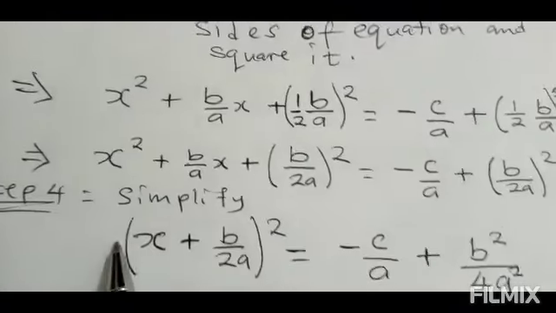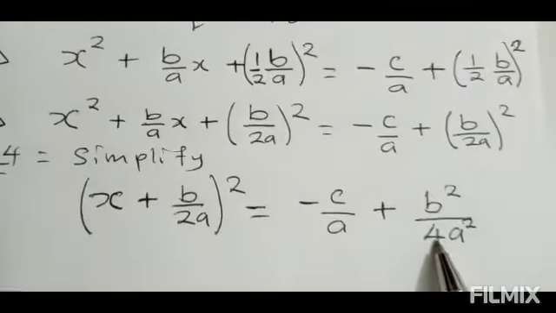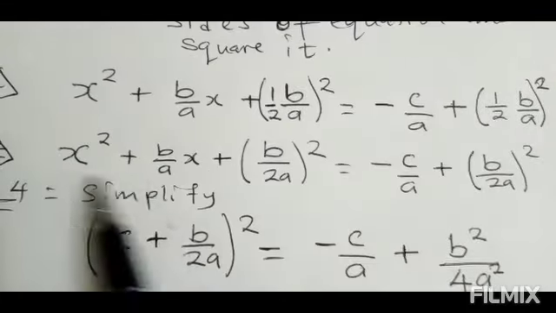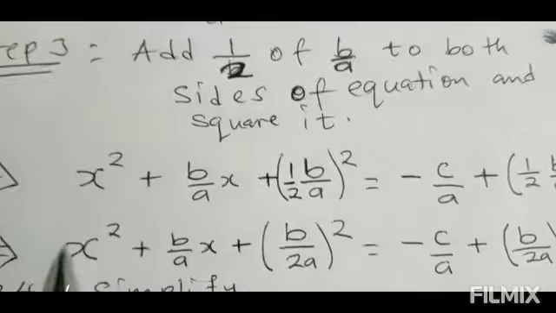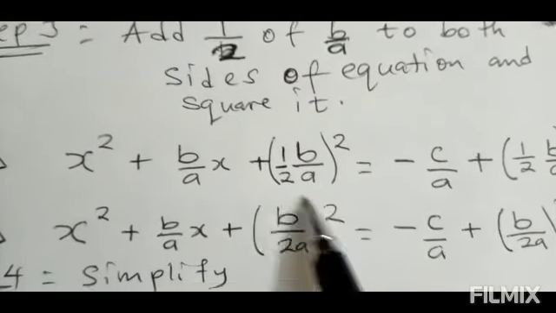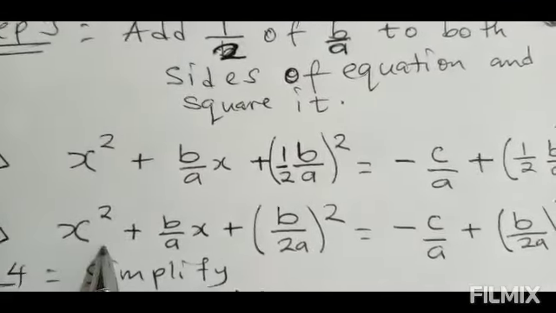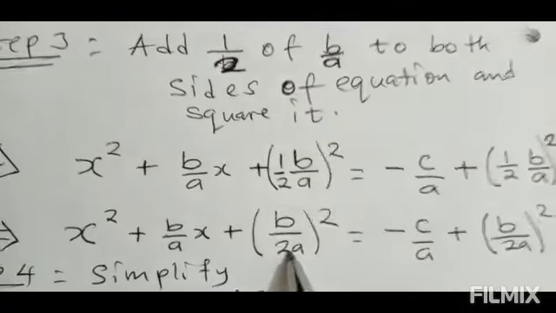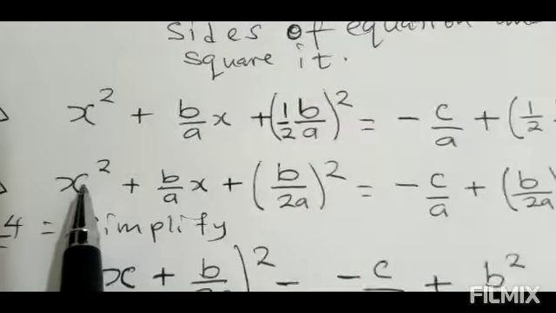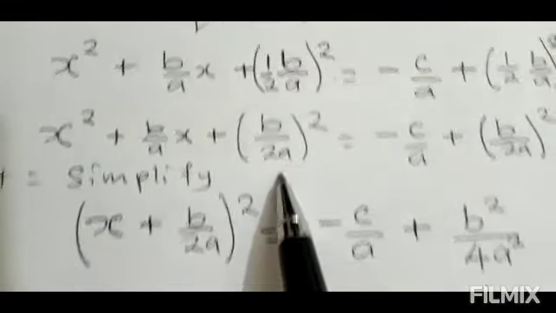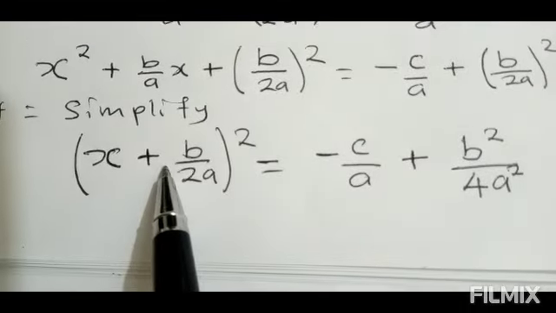Now step 4, simplify. Just simplify these terms. By simplifying, remember we take the squared terms and put them in one bracket. So we take x and b over 2a, so x plus b over 2a squared.